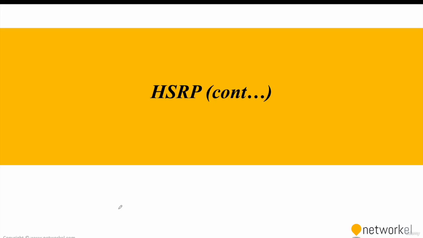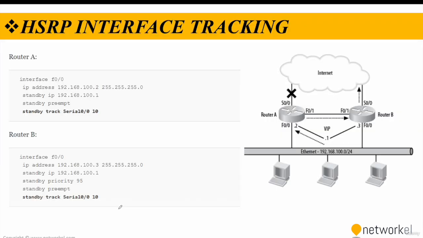We have spoken about HSRP in our previous video, but there are really a few more things that we need to cover. So the first thing we will have a look at is HSRP interface tracking. HSRP interface tracking is a feature that allows a router to change its HSRP priority based on the availability of its interfaces.